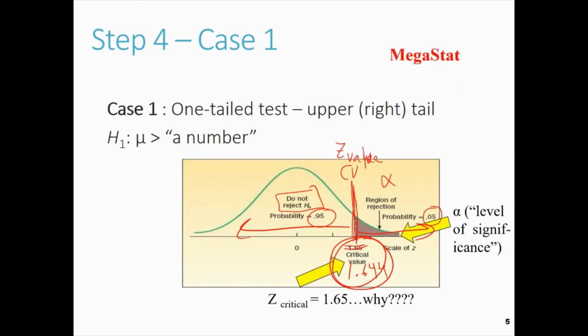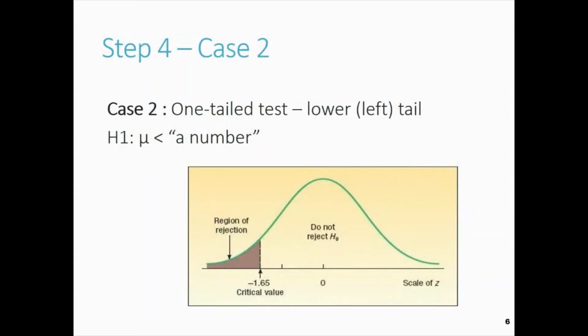All right. Now the second case. You need to figure out which case you're using. The second case is when you're testing on the lower tail, the one-tail lower region, or the left tail. This is when your alternate hypothesis is testing whether your population mean or your population standard deviation is less than.